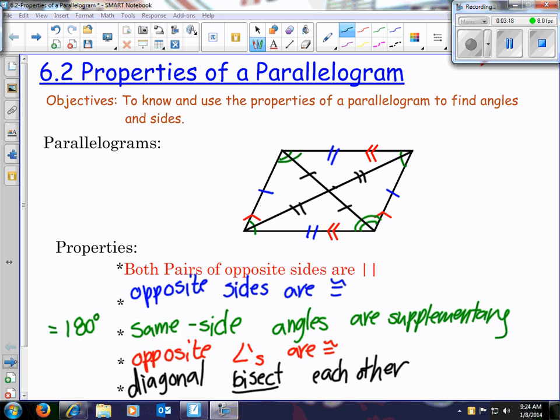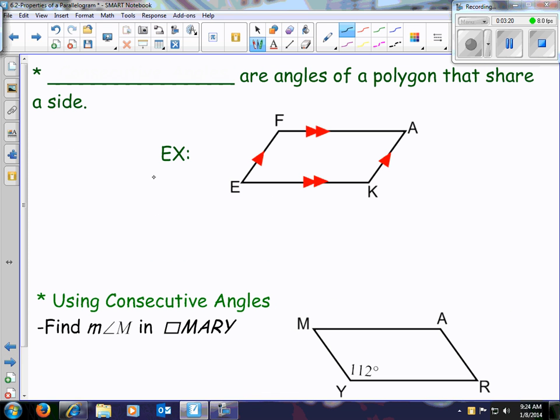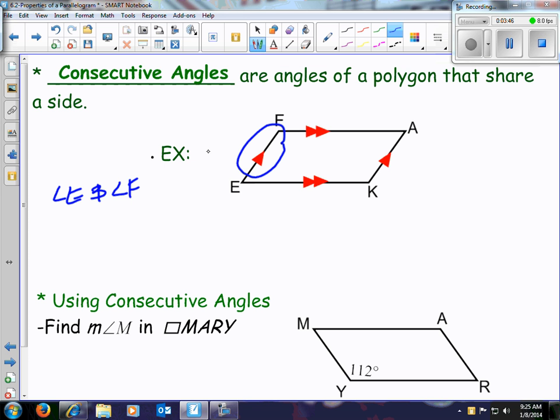Okay, moving on. The next thing we need to know is that consecutive angles are angles of a polygon that share a side. So let's pick this as my side right here. The two angles that share this side are angle E and angle F. So angle E and angle F are consecutive angles.